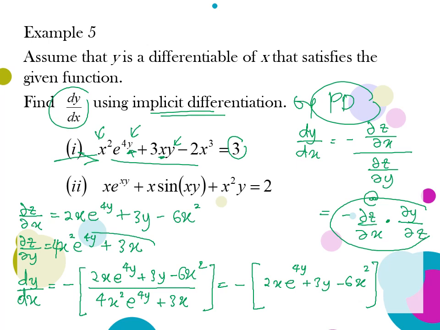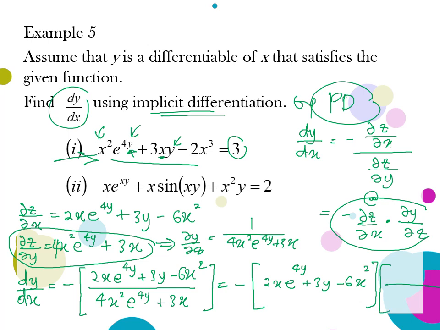This is del z del y, you need to invert this if you want to find del y del z. So this will give you 1 over 4x squared exponent for y plus 3x. Multiply that in here, and you get the similar answer. Okay, so same.